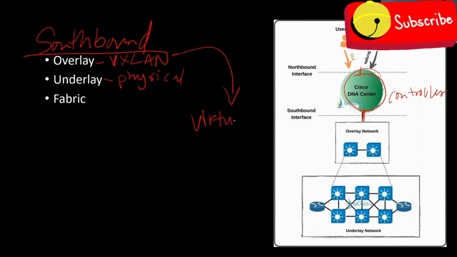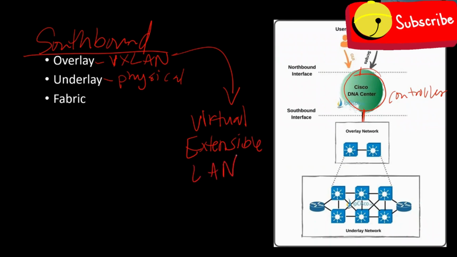So we've got virtual extensible LAN, right? We all know what LAN is, local area network. So it's a tunnel, right? And this would be considered the VXLAN. This tunnel right here.